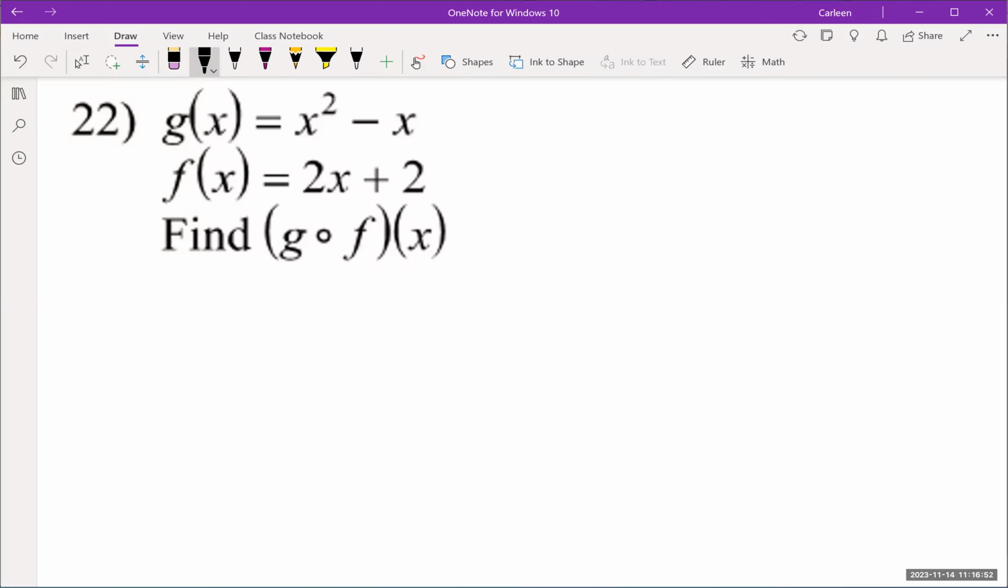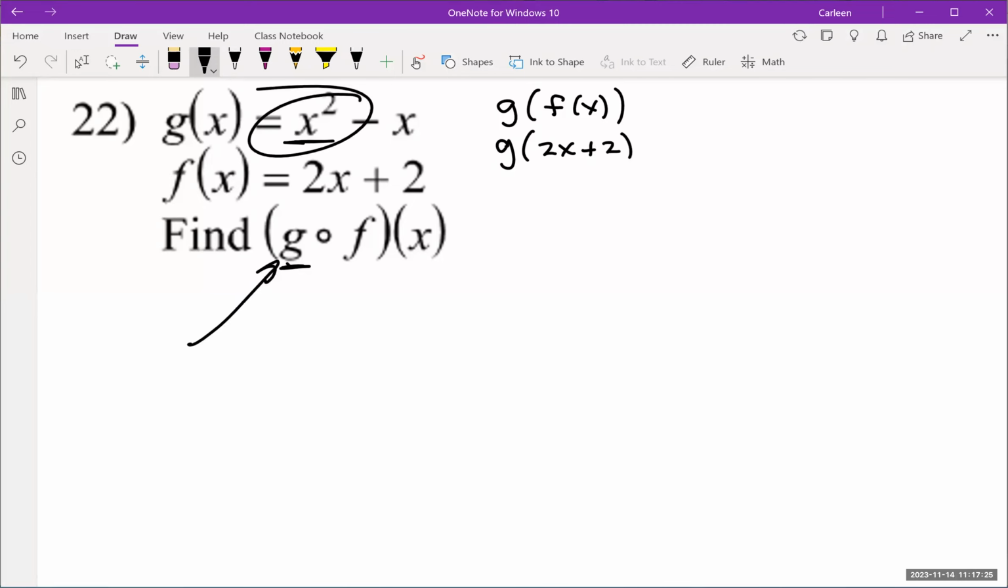Okay, this is the worst. Whenever the outside number has an exponent, that one's the worst. I'm just going to tell you this is as bad as it gets. So let's take G of f of x. So I'm going to take G of 2x plus 2. And I hate it when the first one has an exponent.